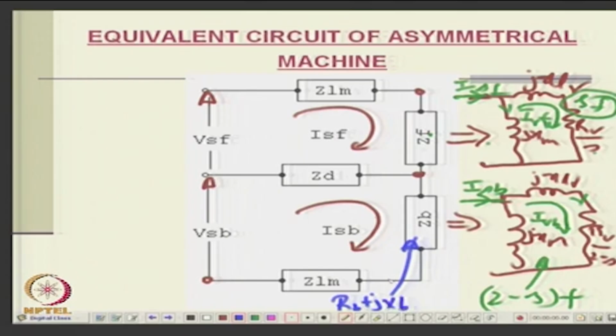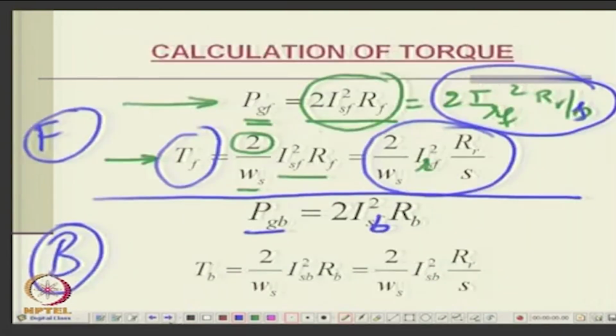So, ISB square RB is the power fed here, that is also equal to IRB square RR by 2 minus S. Is it okay? This is the same as this. So, ISB square RB is equal to IRB square RR by, I think it is all wrongly written, the equation had to be changed, it is 2 minus S. Okay.